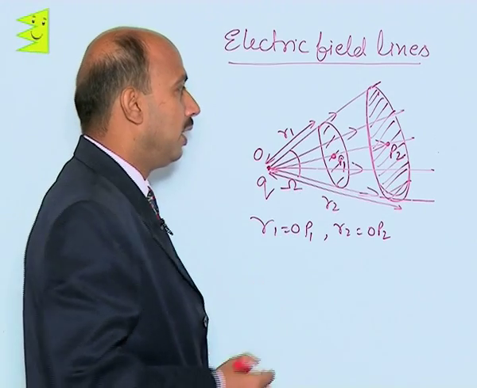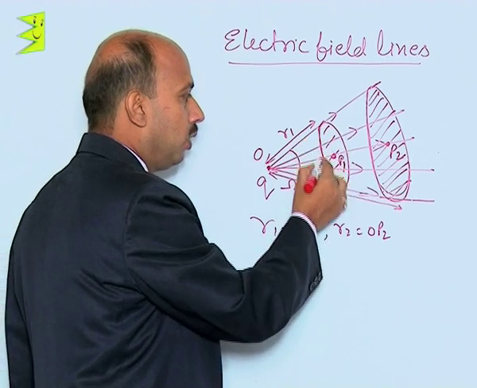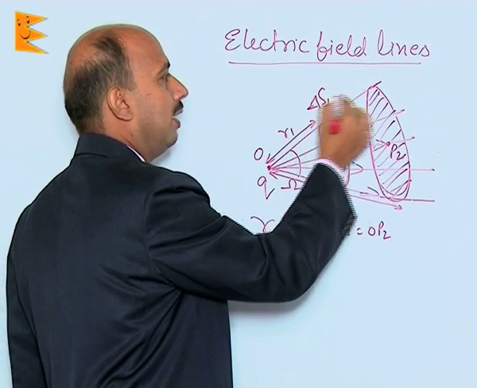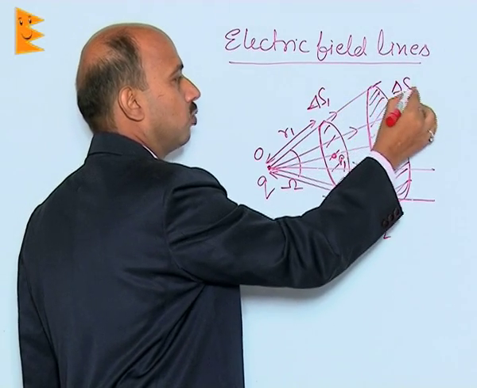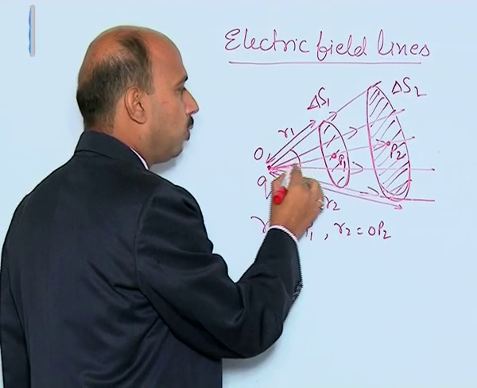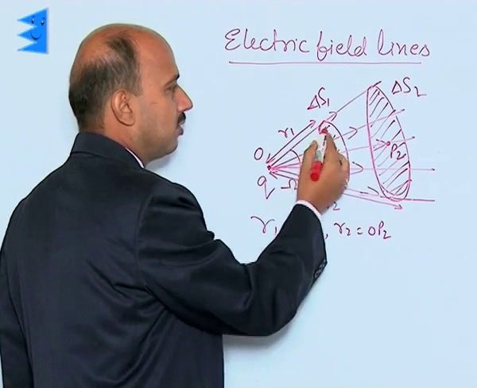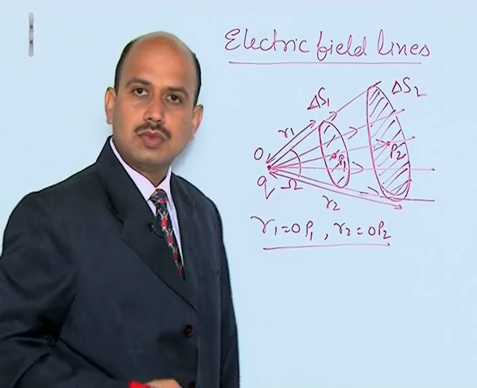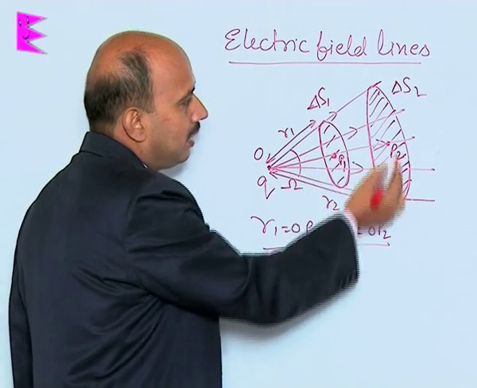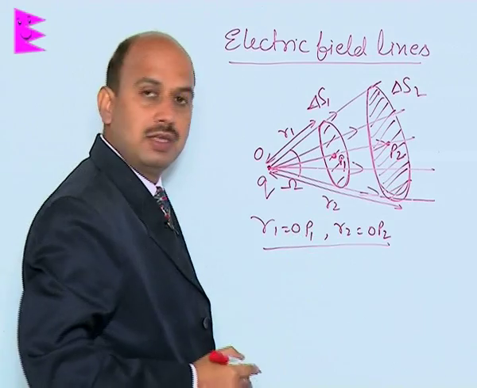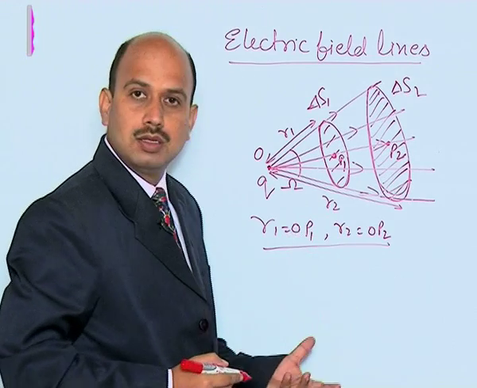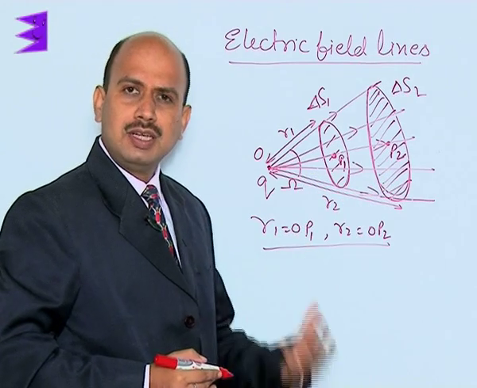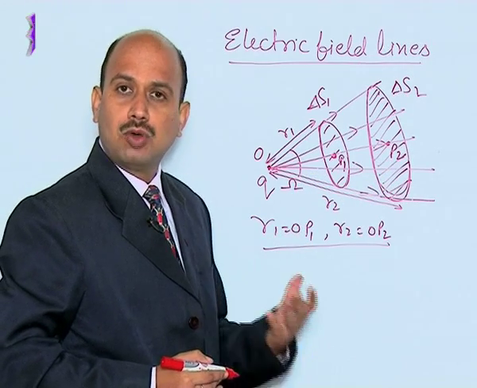Here we have taken a small perpendicular area, suppose this one is delta S1, and here we have taken delta S2. Its distance from the center is OP1, radius is R1, and this distance OP2 is R2. Through these two areas an equal number of field lines are passing. In 3 dimensions, we know that we take the solid angle.